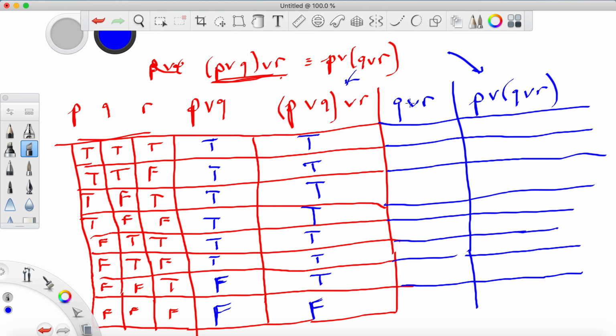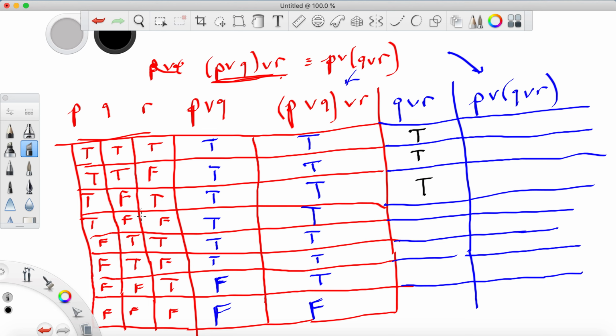So for Q or R, I'm going to go ahead and use a different color. Let's use black. Anytime I see a true Q, that's true, true. Here Q is false, but R is true.